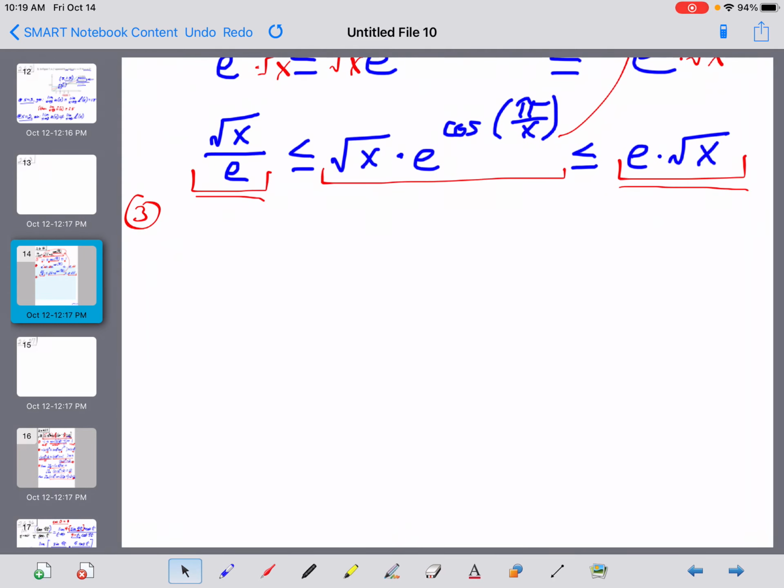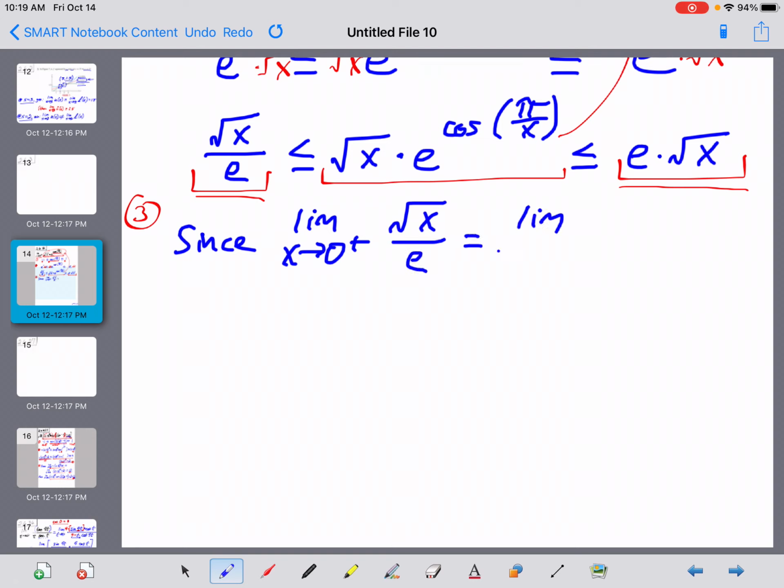Okay, so we've got all of that. So let's go ahead, guys, and get the wording right. I always like to do it this way. We would say since the limit as x approaches 0 from the right of our lower limiting function, the square root of x over e, is equal to the limit as x approaches 0 from the right of our upper limiting function, which is e times the square root of x, and we have to go ahead and say what those limits are.